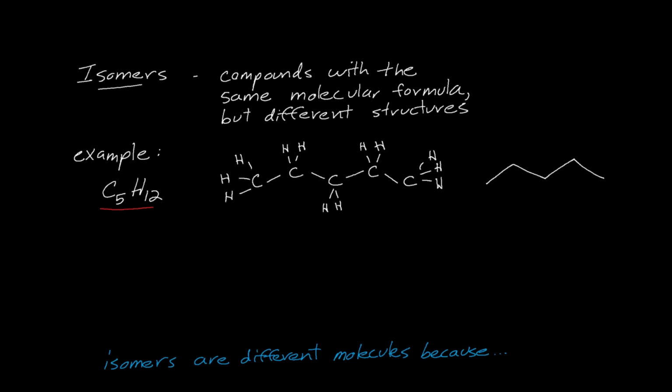Now, if I take, say, this CH3 group here, and detach it and move it over to here, for example. So I'm detaching that CH3 group and then reattaching it there.